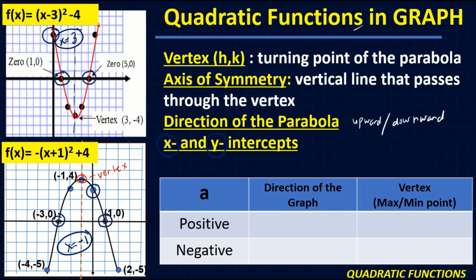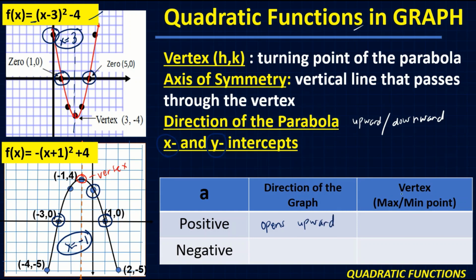Now, let us have the equation and let us observe the direction of the graph and the vertex of the parabola. If A is positive, okay, from this given, A here is positive, yung number before the open parenthesis. If it is positive, therefore, yung direction of the graph natin opens upward.